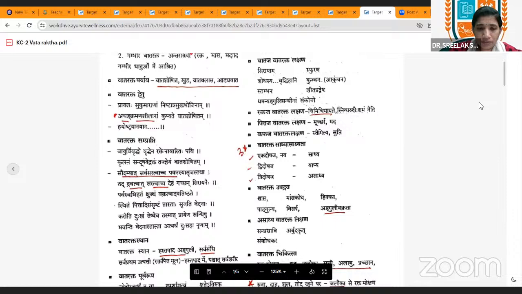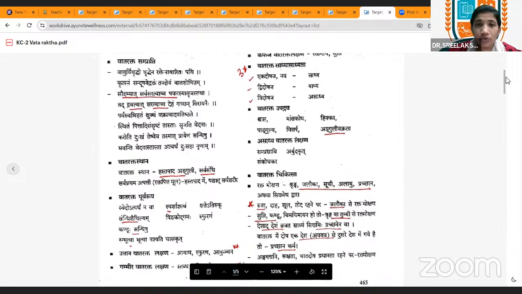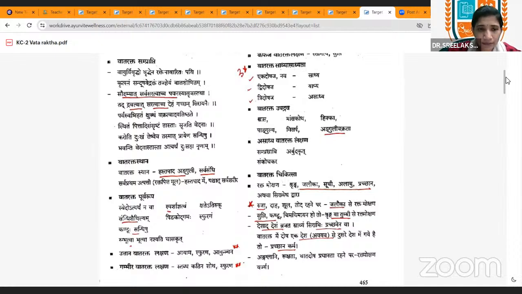And coming to the next point, that is the Purvarupa of Vatarakta. Mainly it is Kushtasama, that is important. Vagbhatacharya mentioned the Purvarupa of this Vatarakta as Bhavishyati Kushtasamam. That is very important. And coming to the next, Parsha Ajnata can occur. And Sphuranam is also a Vatarakta Purvarupa.